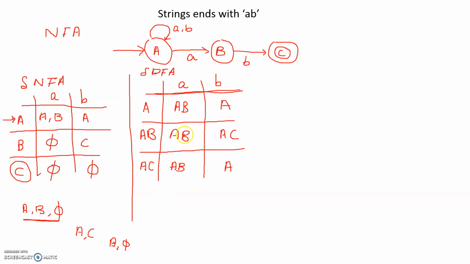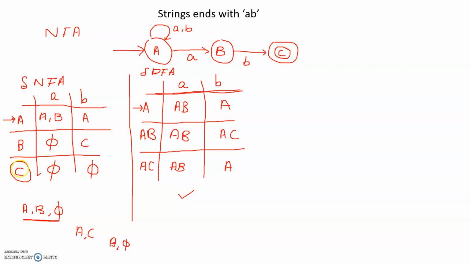Now look into this DFA's table and check whether there is any new state here. AB we have completed, A we have completed, then AC we have completed on seeing an A or B. So this table is now completed. Now look at the NFA's table, which is the initial state, that is state A. So here also state A is our initial state.